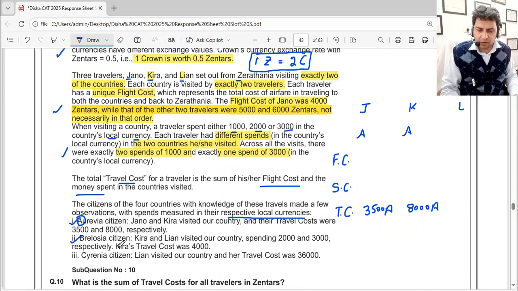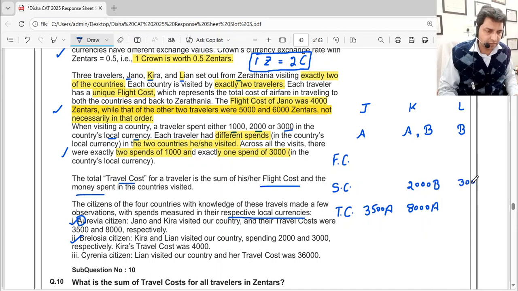Now the Brelosia citizen said Kiro and Lian visited Brelosia. Their spends have now been given: 2000 B and 3000 B in their own currency.